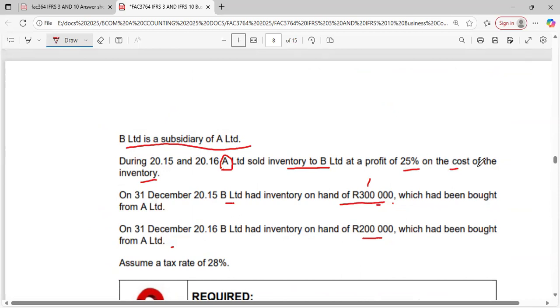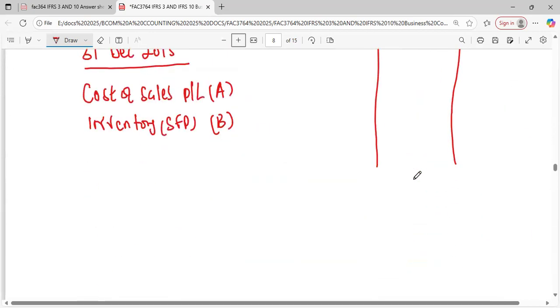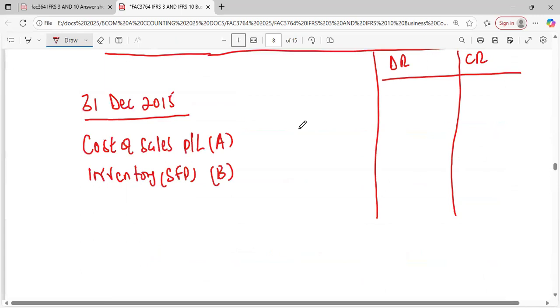So which means if it is 25% on the cost of the inventory, we are going to use 300,000 times 25 over 125. So this is going to be the intra-group profit that has to be eliminated. How much are we going to eliminate there?